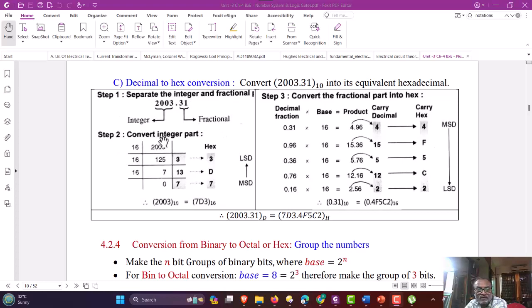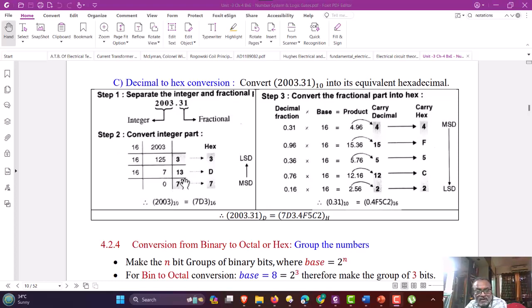As usual, in integer part conversion, we successively divide the number by the base of the system. We need to convert it to the hex system, and therefore we successively divide it by 16 and note the remainders.